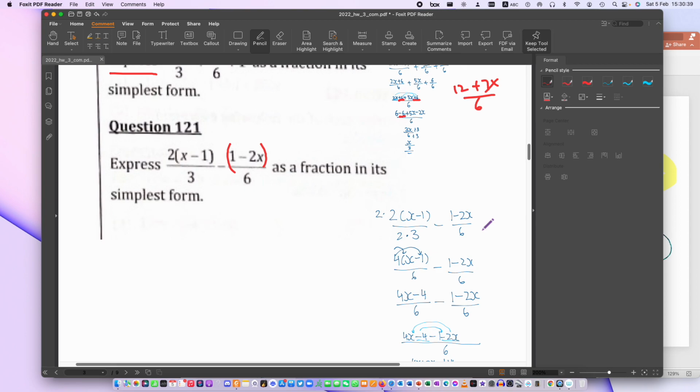Before you rearrange, it's better you underline similar terms first. Alright?